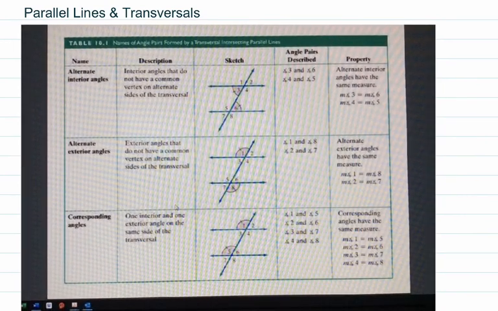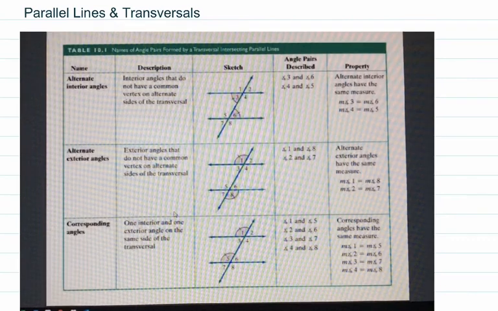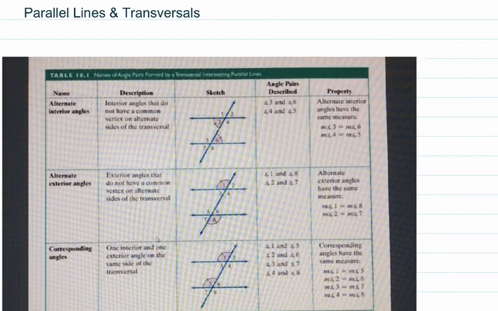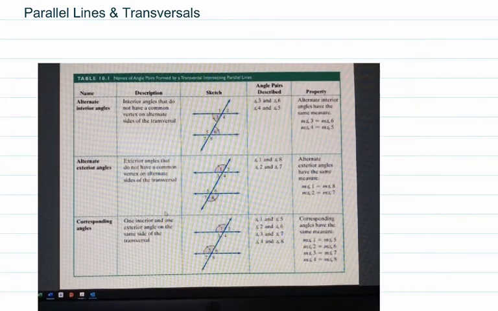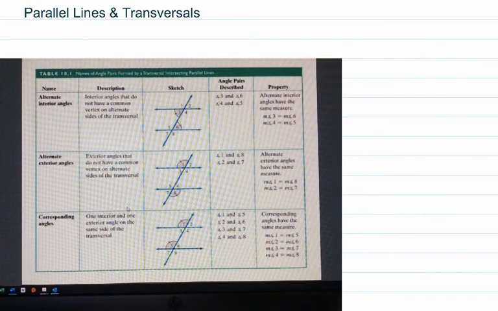Here's just a picture of different angles that we're going to talk about. Alternate interior angles, and really these are happening because we have two parallel lines cut by a transversal.